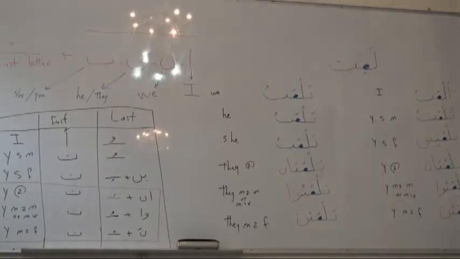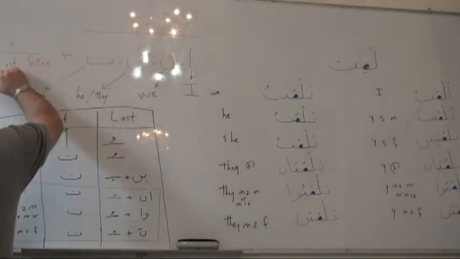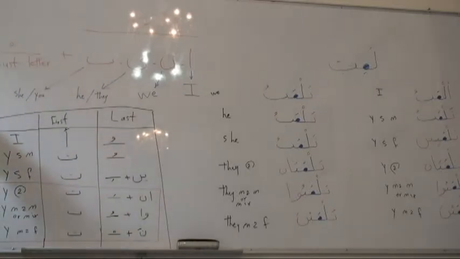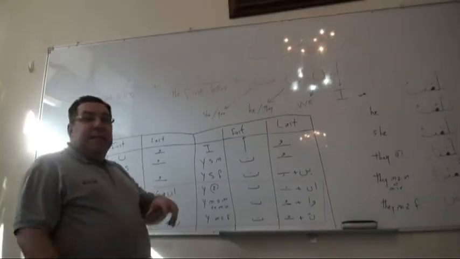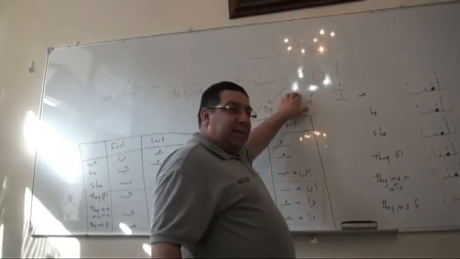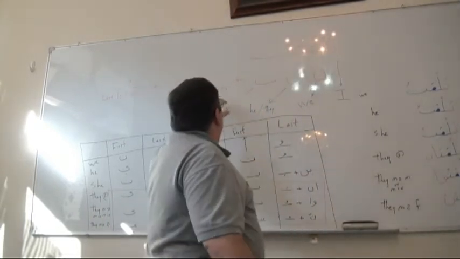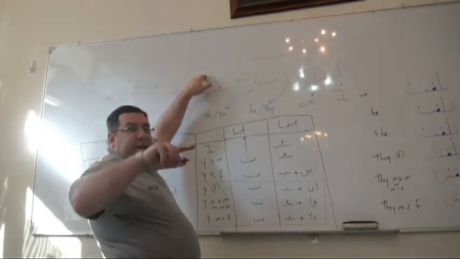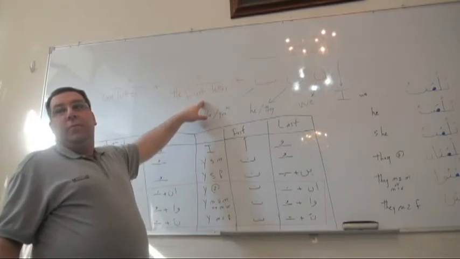So, the added letter takes fatha, the original first letter takes sukun, the original last letter takes dhamma. Again, the added letter takes fatha. 加进去的字首要用 fatha。 The original first letter is changed into sukun.